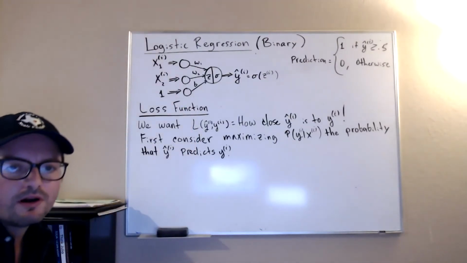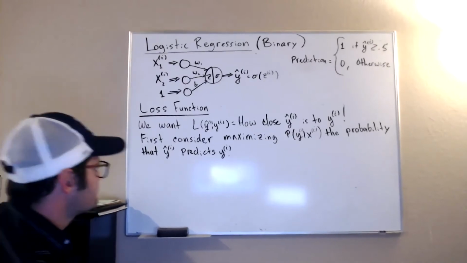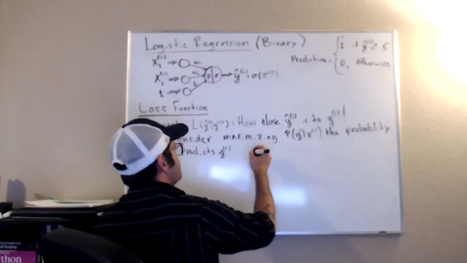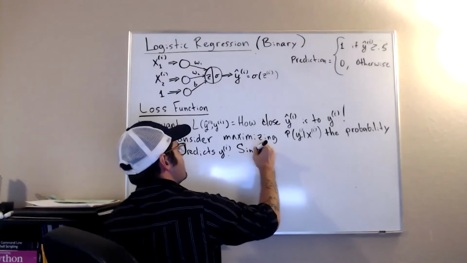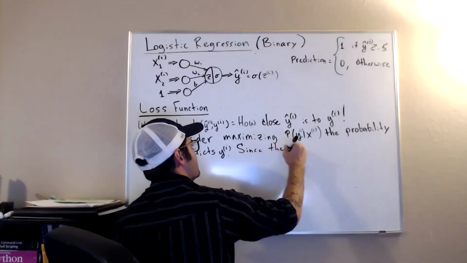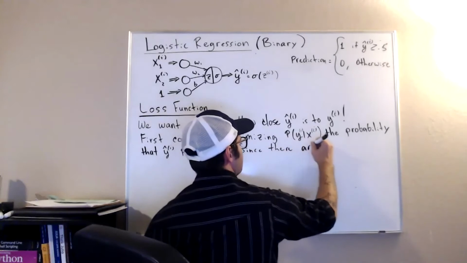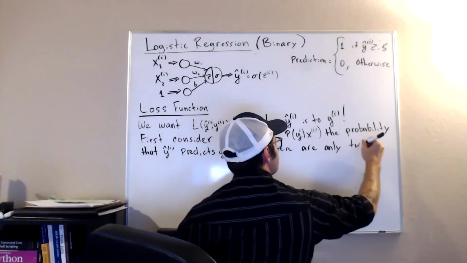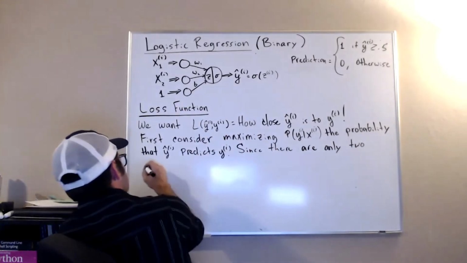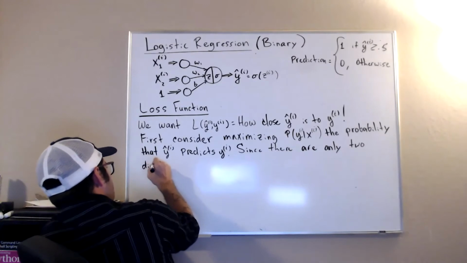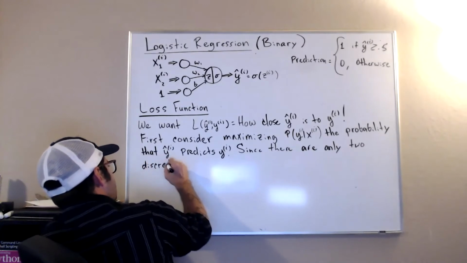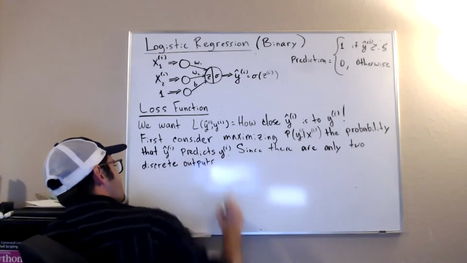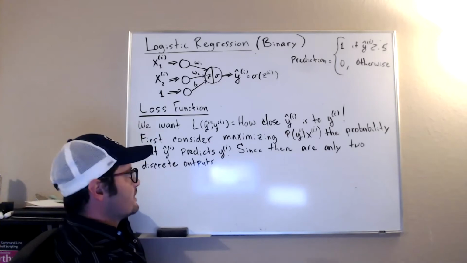There's either 0 or 1, right? Like think about flipping a coin.